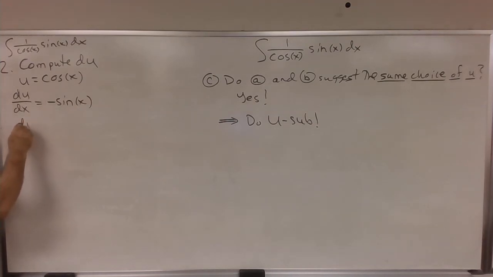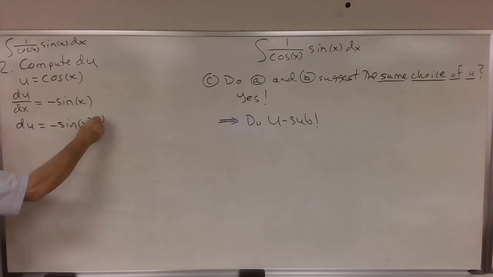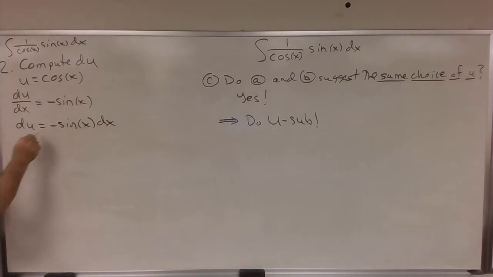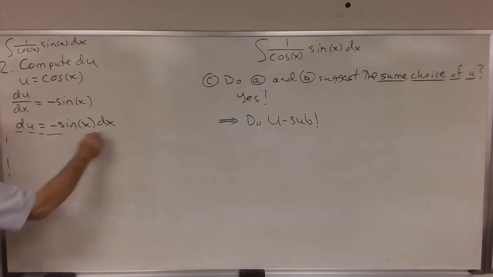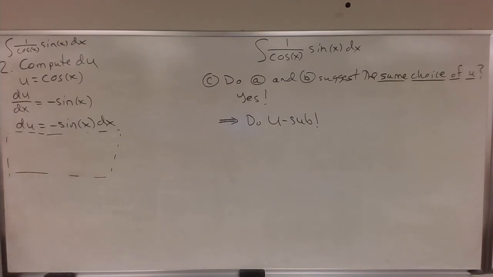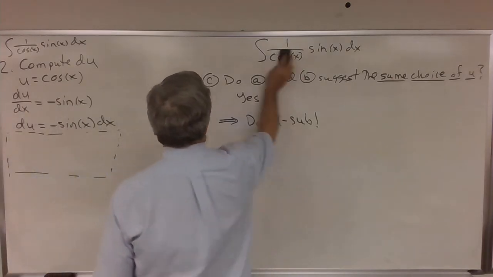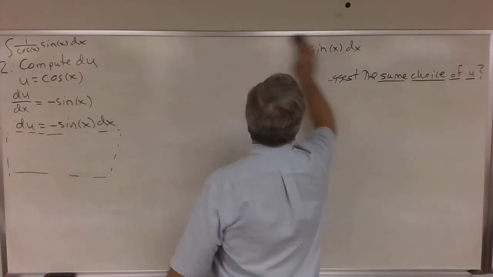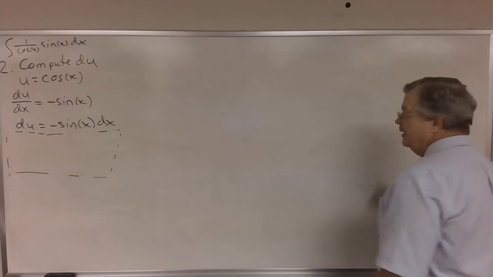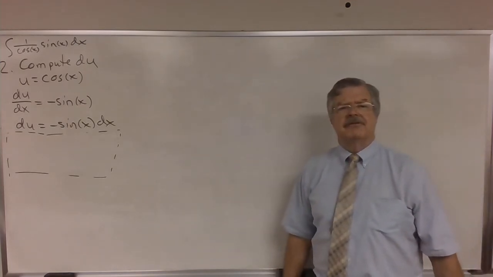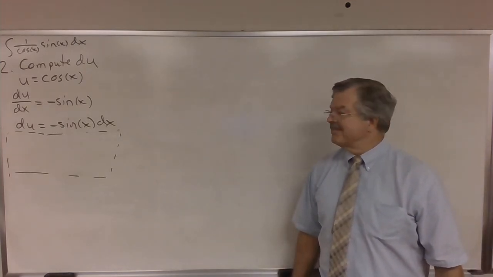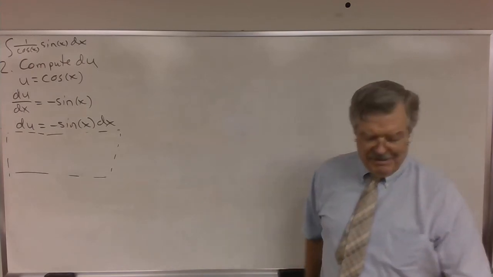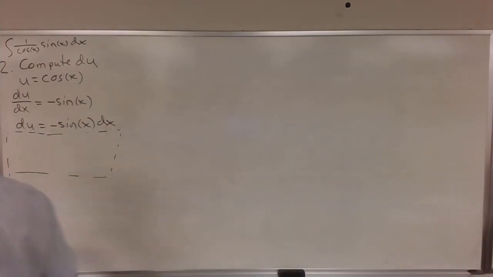So that means du equals negative sine of x dx. And since we only have an approximate function derivative pair, I'll leave a line blank here. Do you remember what step 3 is? Analyze in terms of u and du. That's right.